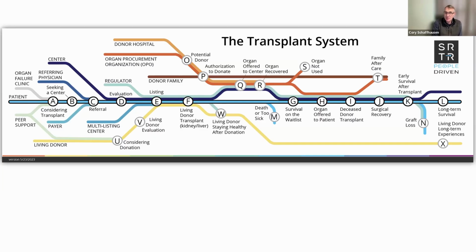As you can see in this image, in addition to displaying the patient in the center, to literally depict the transplant system as a patient-centered process, the additional stakeholders include the transplant centers, physicians, hospitals that are involved in recovering donor organs, living donors, and regulators.